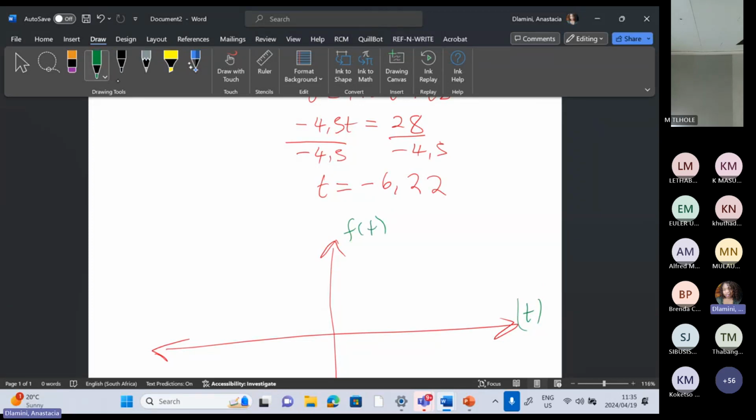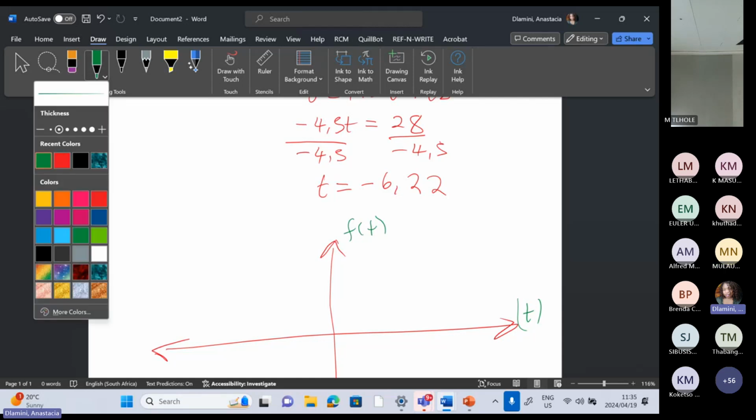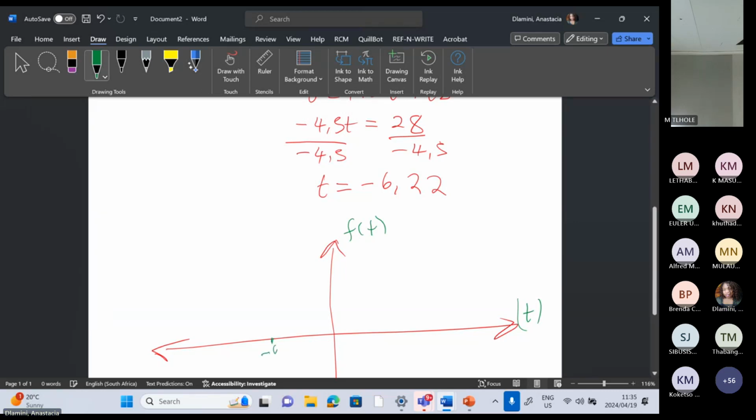So I know this is negative 6.22, isn't it? Yes. And I know 28 has to be somewhere here, isn't it? Yes. And then I draw like this.